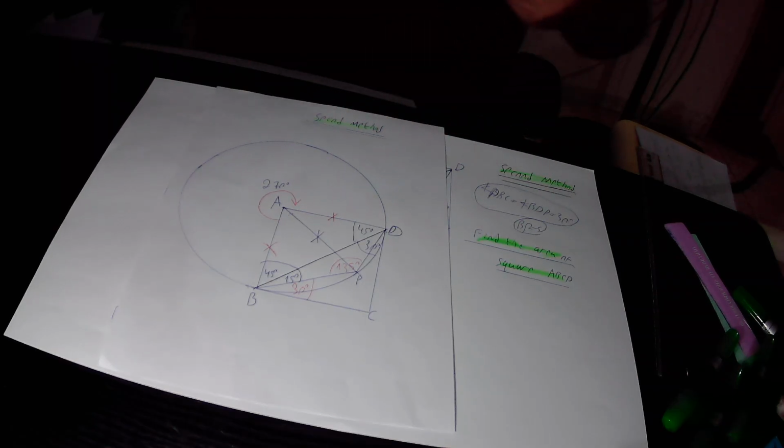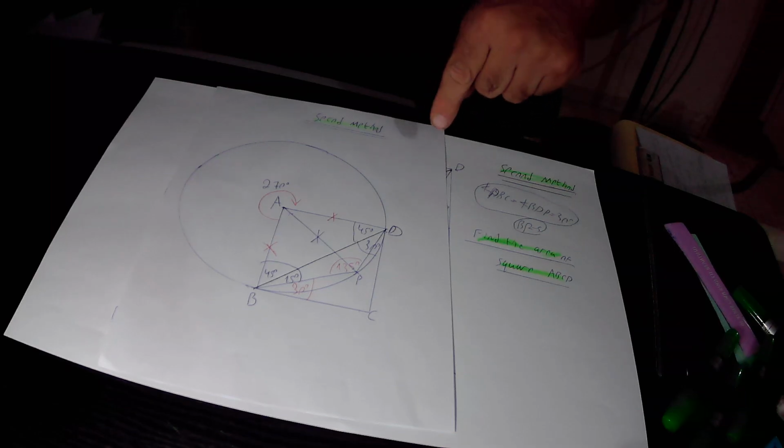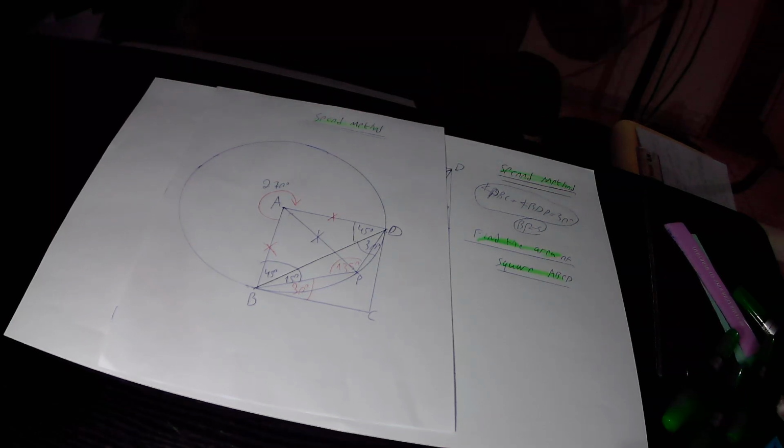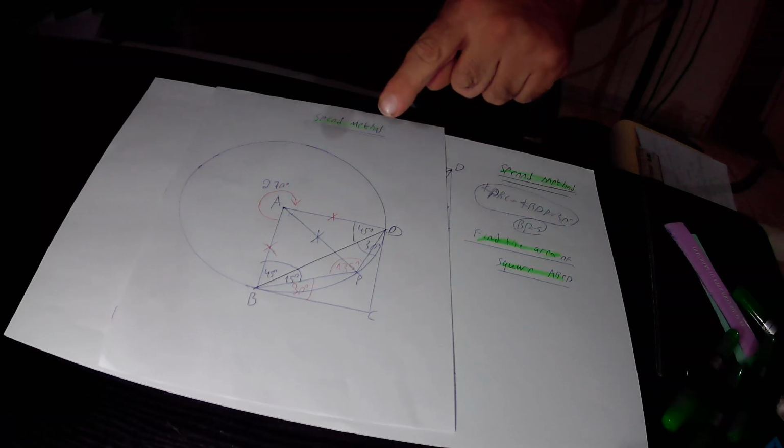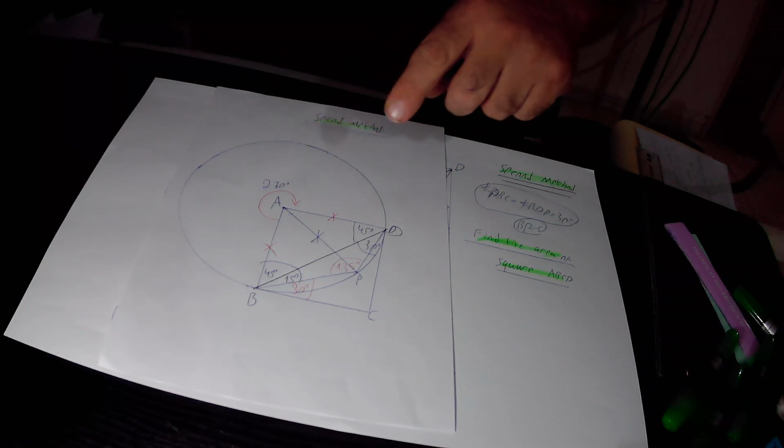And because angle DBP obeys rule 13, it must be a peripheral angle. Otherwise, it will not be equal to 135 degrees in size. Therefore angle DBP must be a peripheral angle.